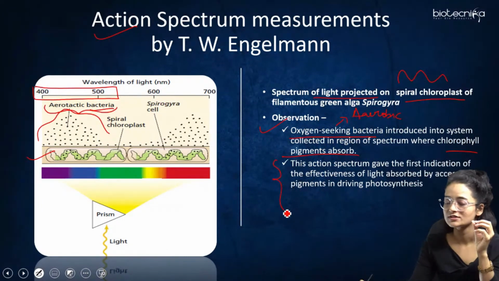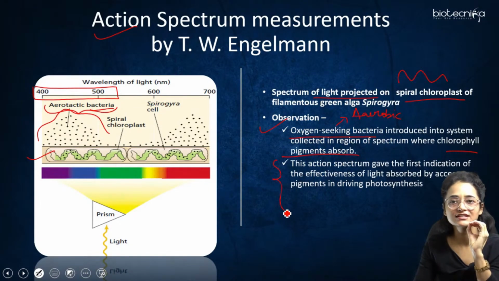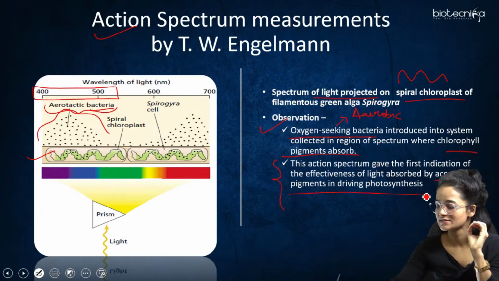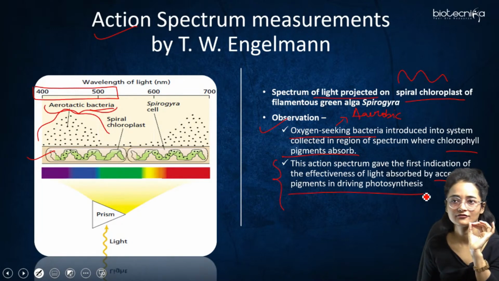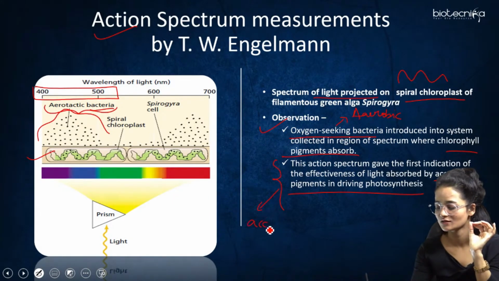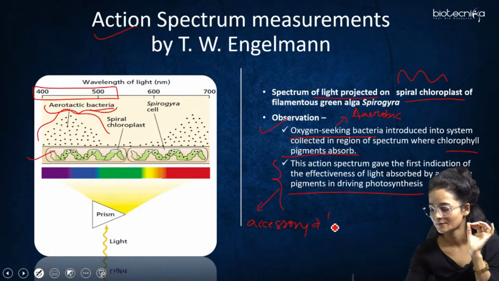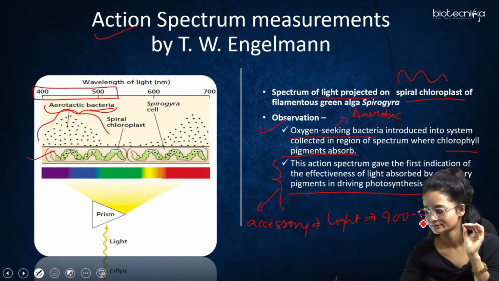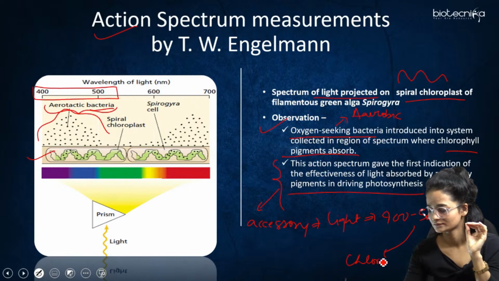So the conclusion was that this action spectrum gave the first indication of the effectiveness of the light absorbed by the accessory pigments in driving photosynthesis. Here it was proved that the accessory pigments absorb light in the range of 400 to 500 nanometer, and then transfer it to chlorophyll molecules, chlorophyll A basically.